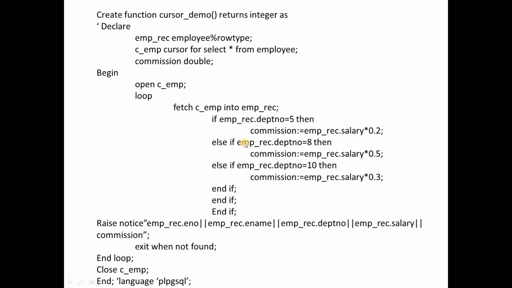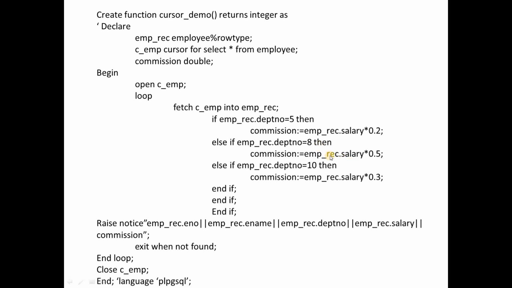But if your employee is not in department number 5, then we have to check another department. That means else if EMP record dot department number, that means EMP record holds a particular row, and in that row if the department number is 8, then you have to execute this statement: commission equal to employee record dot salary into 0.5, because we have to apply a 50% commission for department number 8.